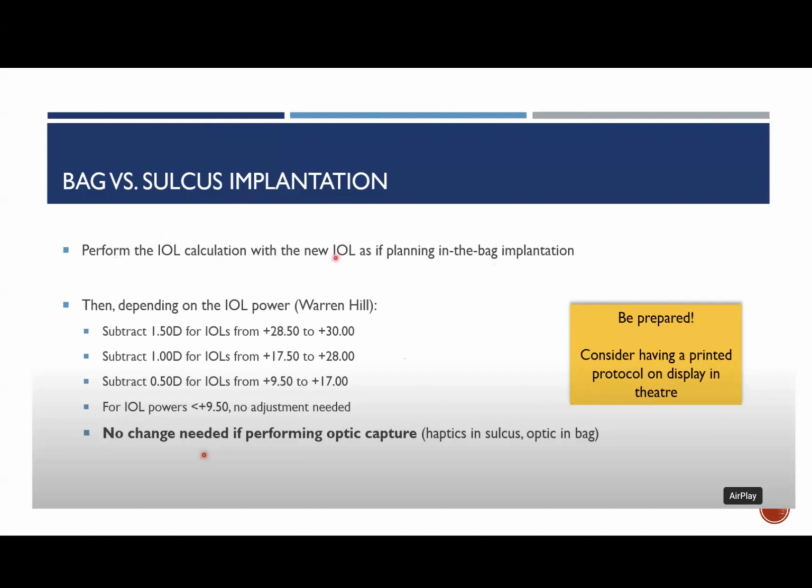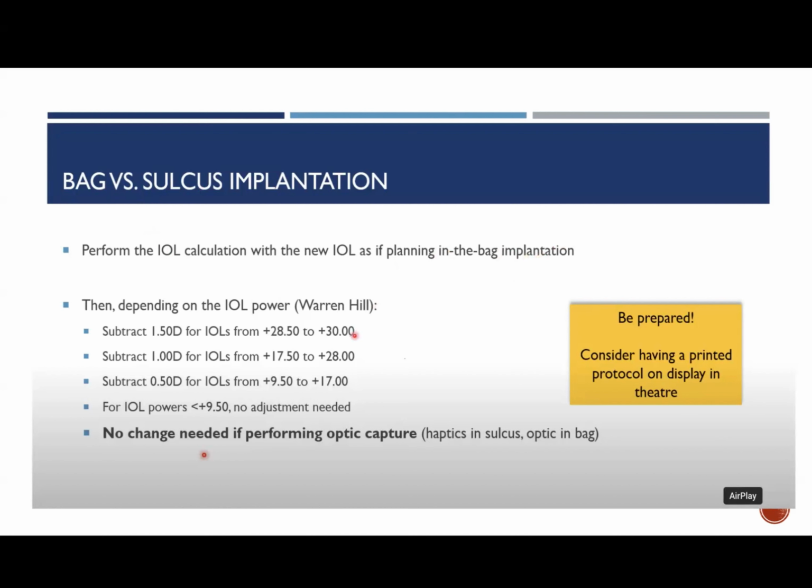This happens most of the time, whenever you change the lens, maybe the lens type might be changing. So whatever sulcus lens you are going to use, you have to calculate the IOL power thinking it is a bag implant.